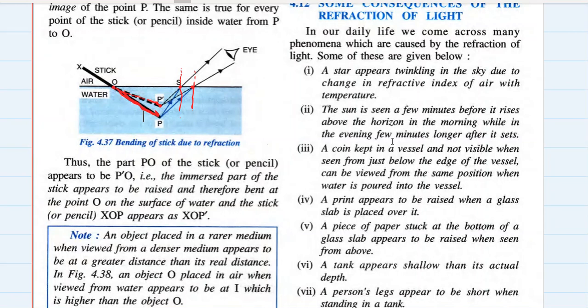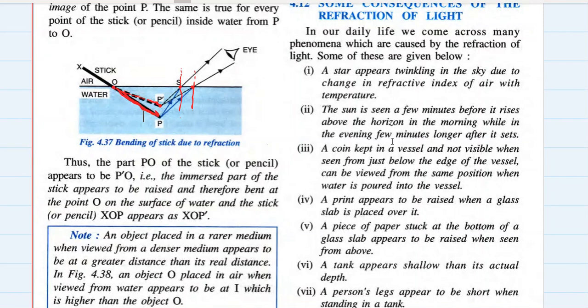Due to these different temperatures, the refractive index of those particular mediums will also change, and due to that change in the refractive index, what will happen? The ray of light which is coming from that distant star, this distant star will appear to be bent.